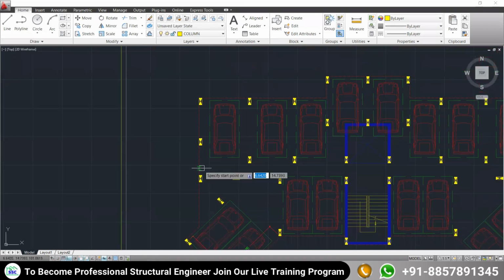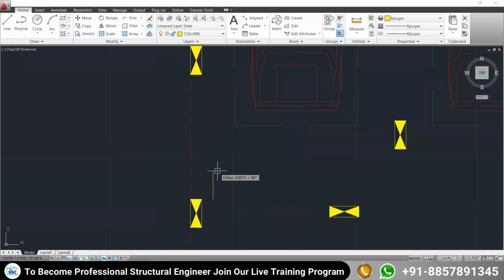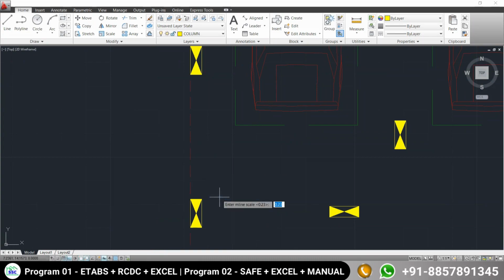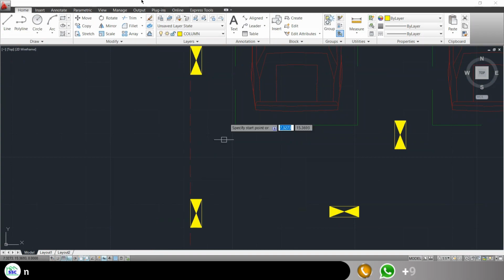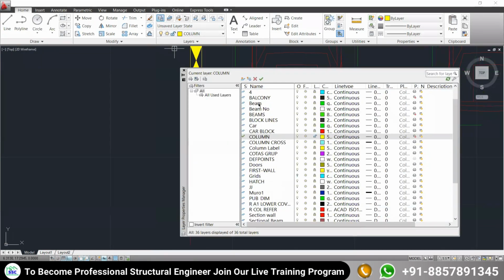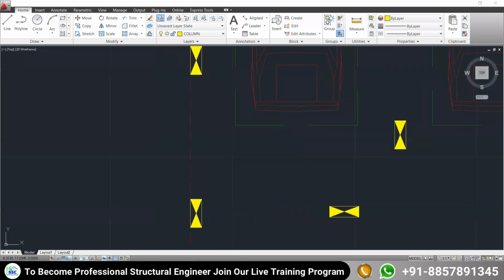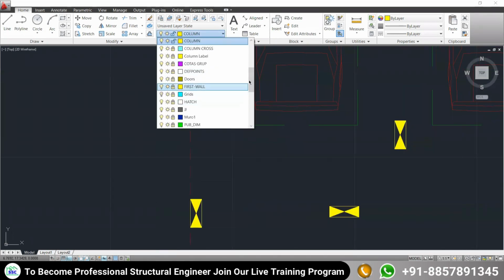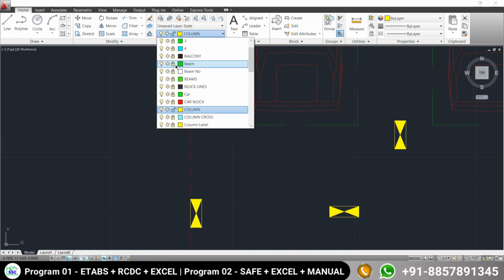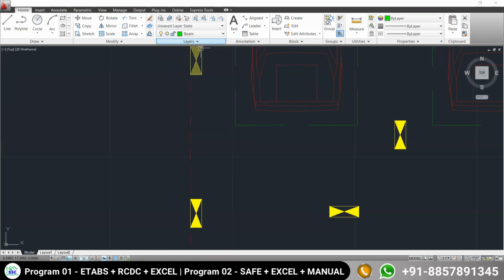Right click, scale, put 0.23, enter. The beam layer already exists, so go to the beam layer. We are going to take the beam in green color. Unlock this and come to this beam.